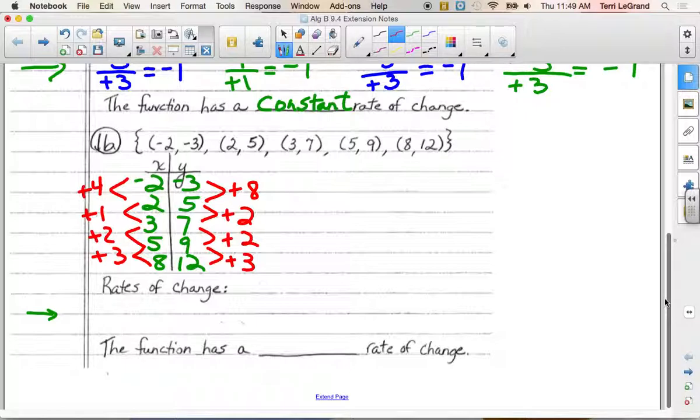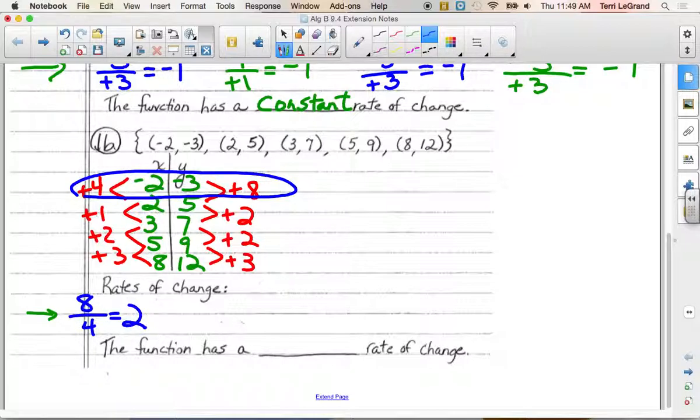And then compare with me and see if you agree with the changes we get in the x's and in the y's. And then start setting up your y over x changes.